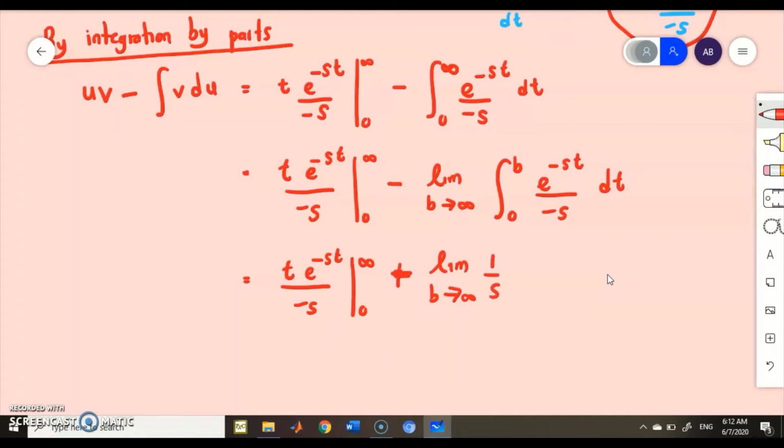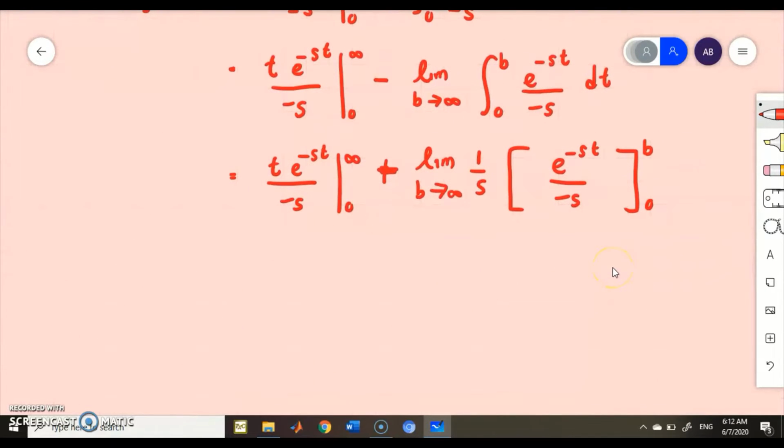I have 1 over s. Now integrate this thing again, it gives you negative s, 0 to b. Okay, so now we can simplify this by taking the limit.